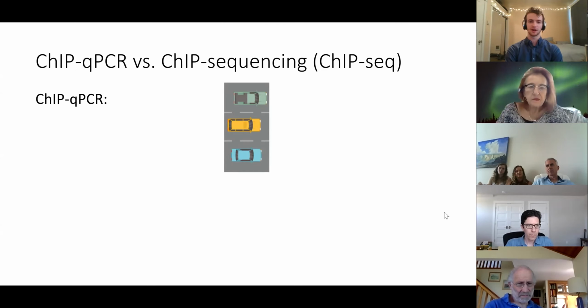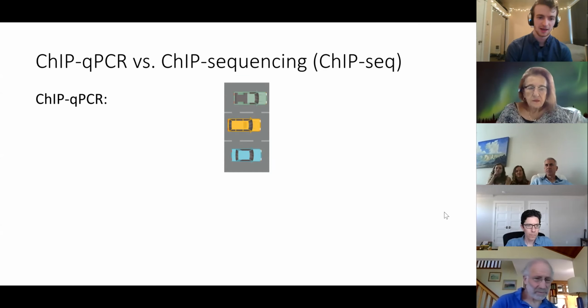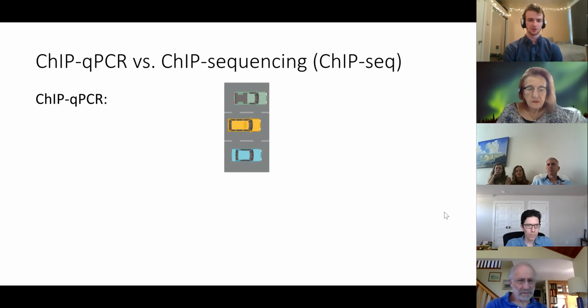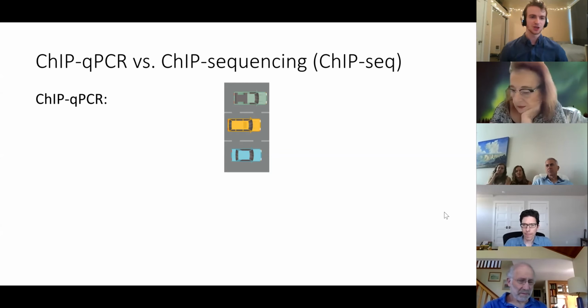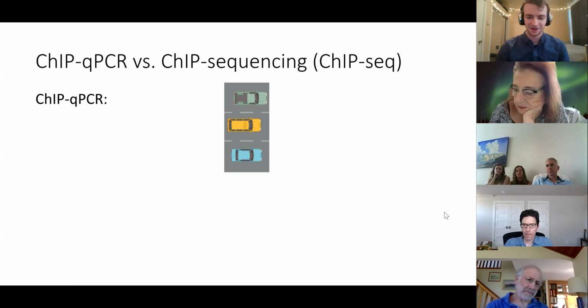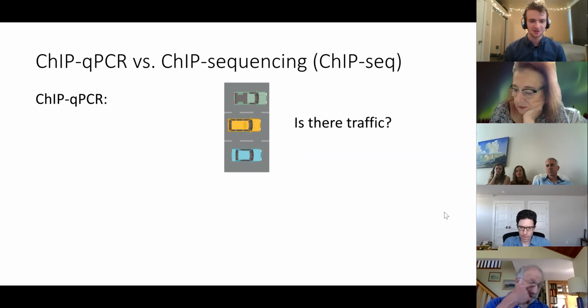Now, the difference between ChIP qPCR and ChIP sequencing, or ChIP-seq, is that imagine you go to Google Maps and you want to know how the traffic is on the highway. ChIP qPCR essentially gives you just one section of the highway. Like, is there traffic on that section? What do you guys think? I mean, maybe, or there's 3 cars that are just driving together, we don't know.